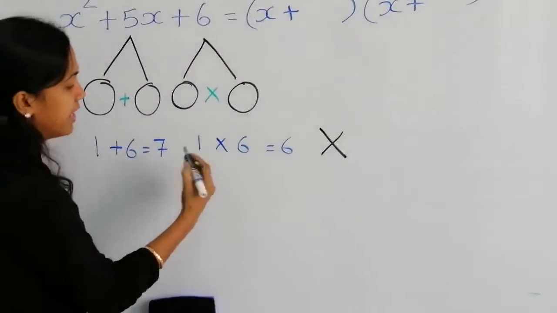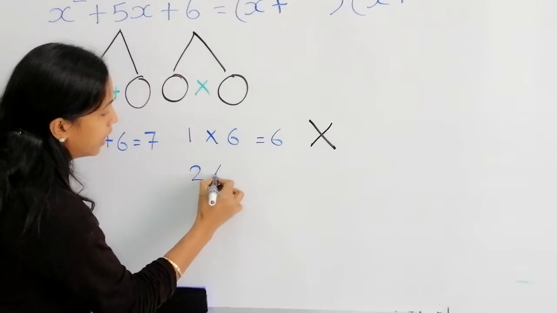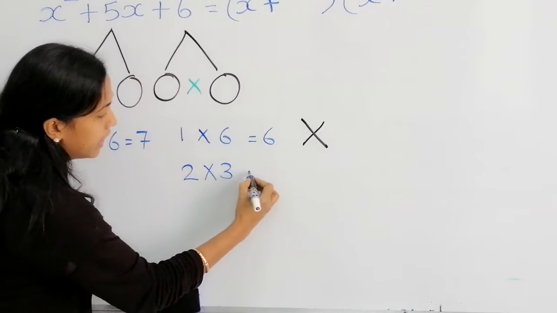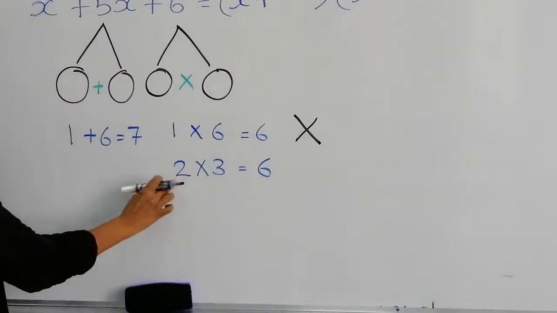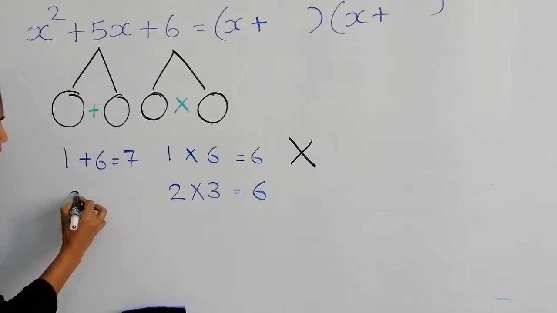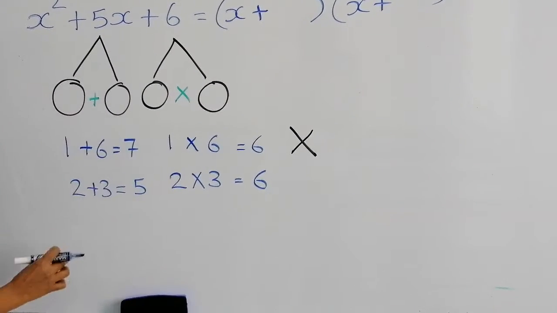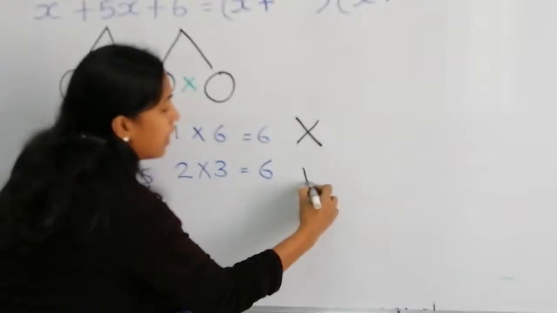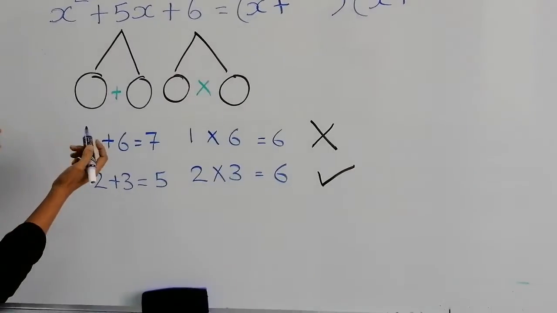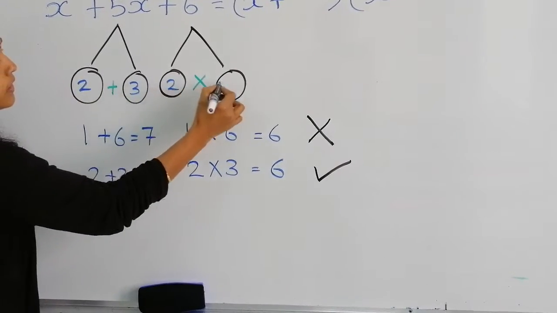Let me try with other numbers. 2 times 3 equal to 6. Let me add these. 2 and 3 equal to 5. So we need 5. This answer is correct.